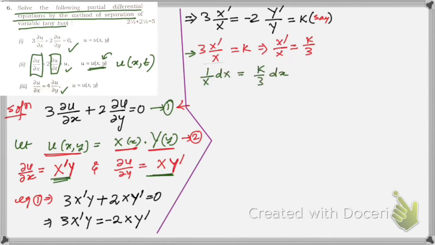I have written it this way because capital X dash means d by dx of capital X, right? So you can simplify this equation in this form, right?